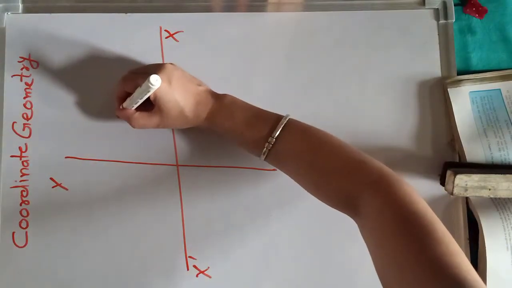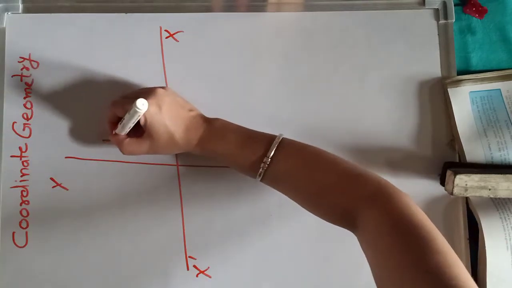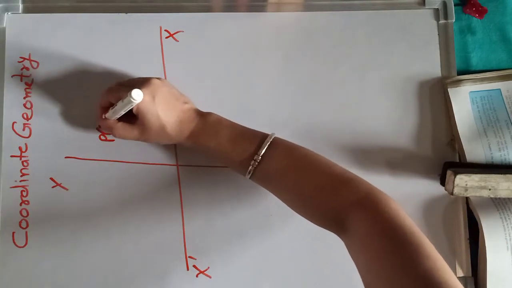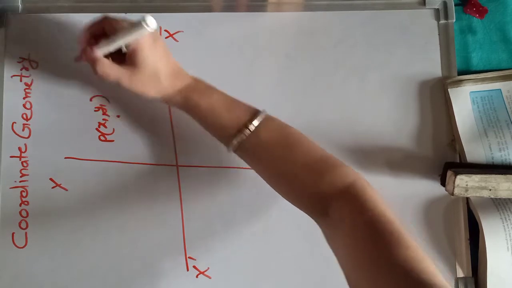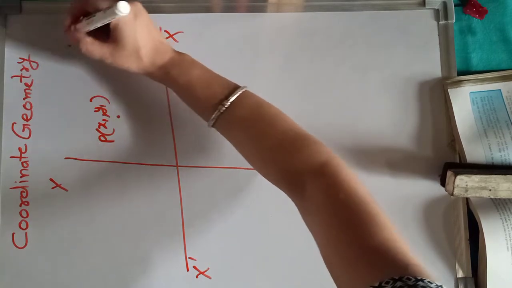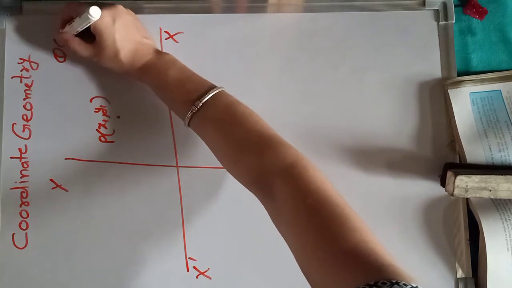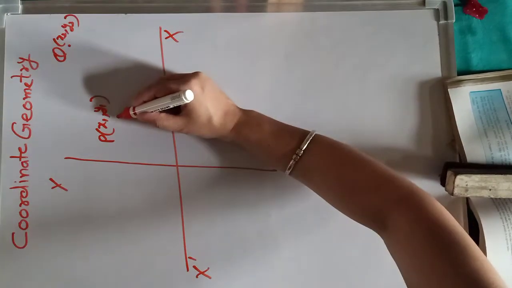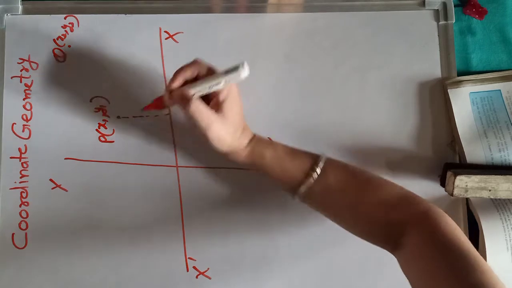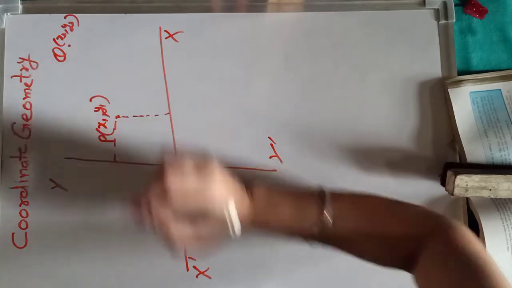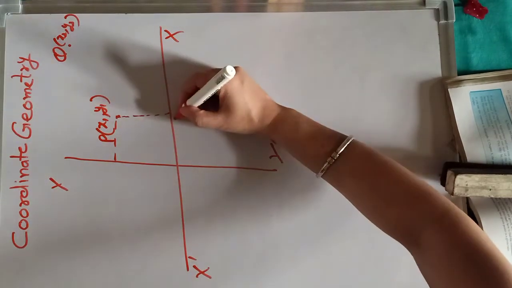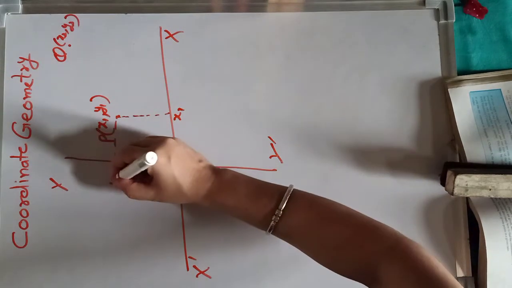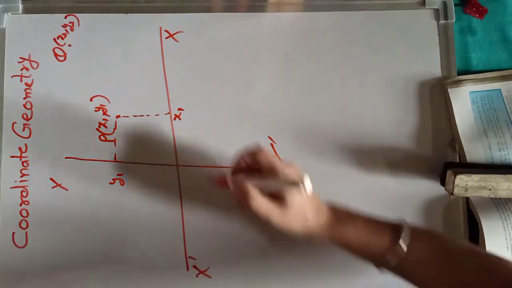Suppose this one is the point P and its coordinates we are taking as (x1, y1). Let this point be Q with coordinates (x2, y2). So what does P (x1, y1) mean? This coordinate will be x1 and this one will be y1.